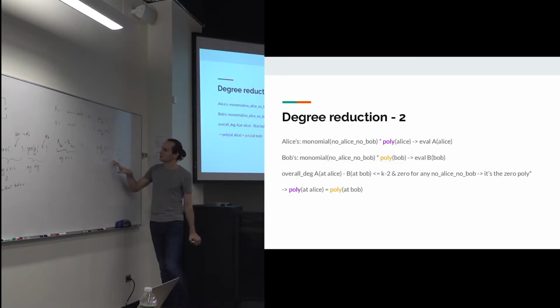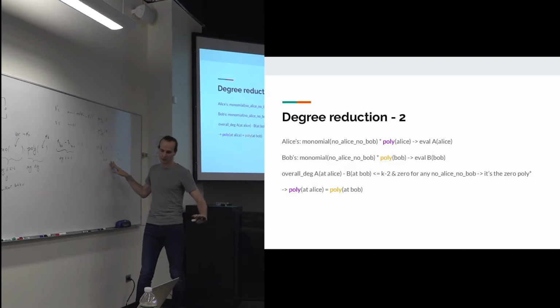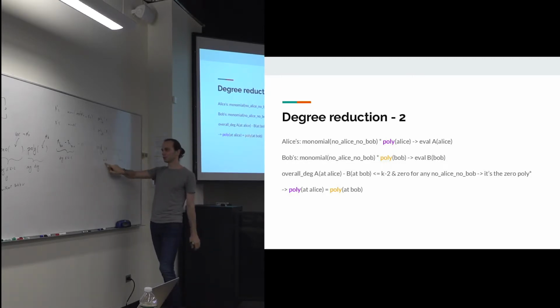Okay. So now one thing I want to do is reverse what I just did in terms of Alice's variables. So lift up these two polynomials as polynomials in Alice's variables.